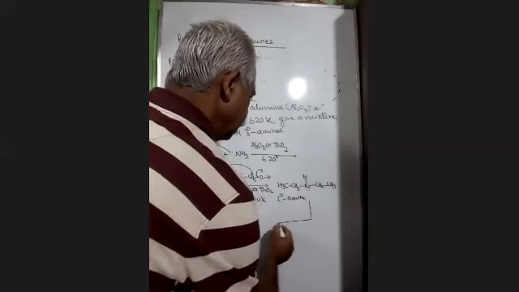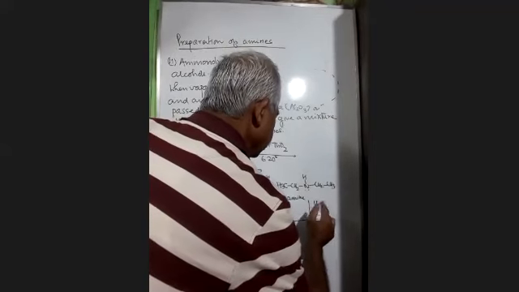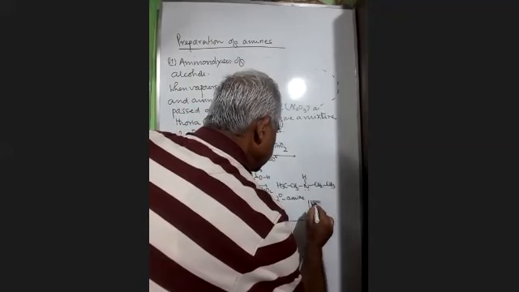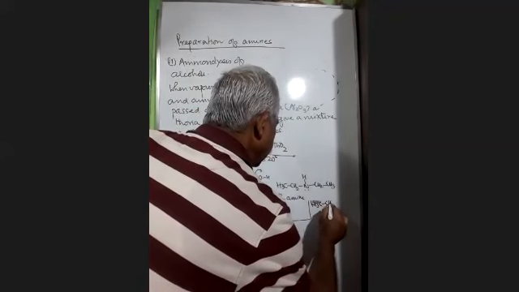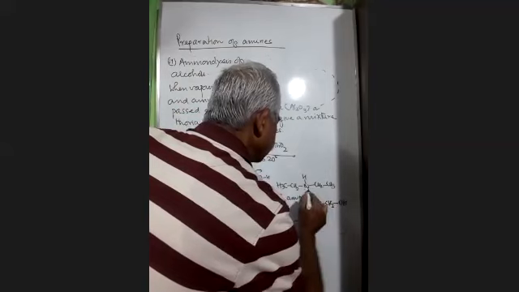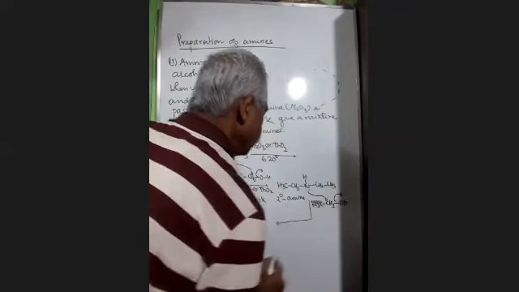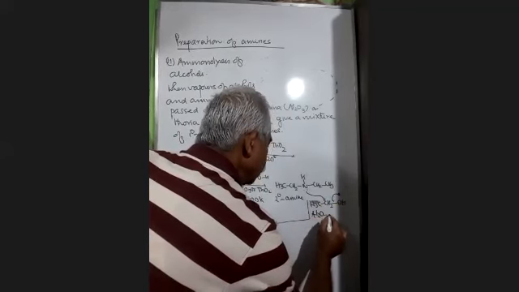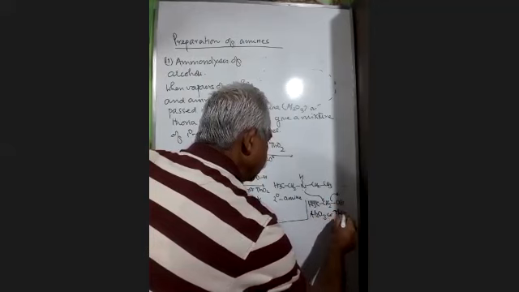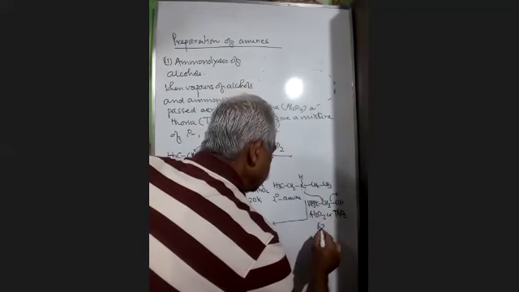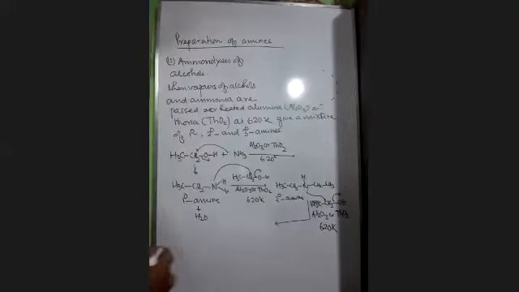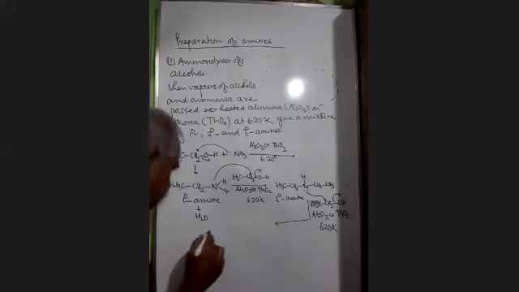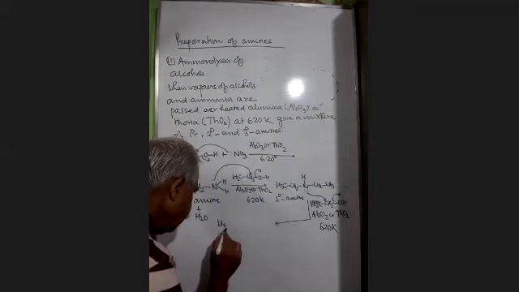Then again this is going to react with another molecule, Al2O3, ThO2, 620 K. So ultimately you get here tertiary amine. So this process, this is an industrial process.